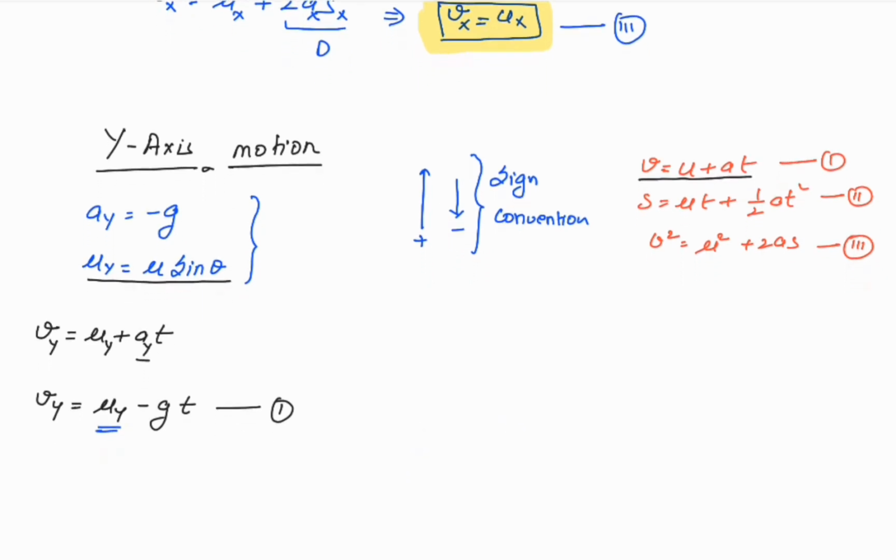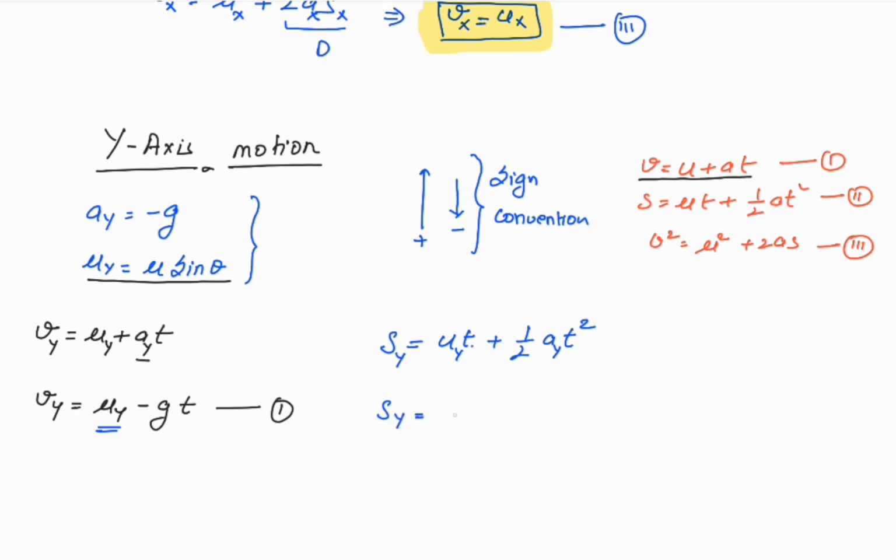Now I'm going to modify the second equation. The second equation is s equal to ut plus half of a t square. I will use y to represent that I am discussing the y-axis. s of y is the displacement in the y-axis.